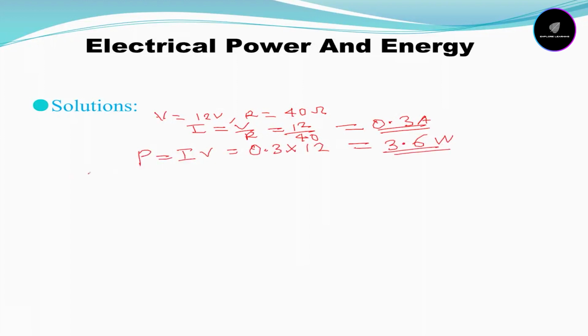Now the final question says we should calculate the energy. The energy dissipated, E, equal to power multiplied by time. In that case, it's going to be 3.6 multiplied by time. The time is 2 minutes.